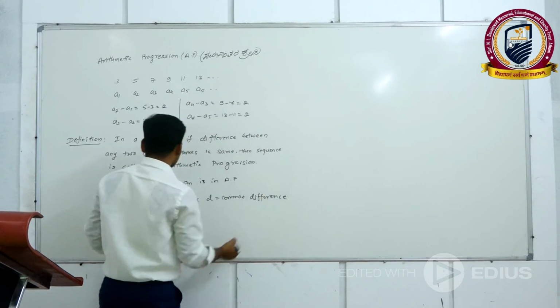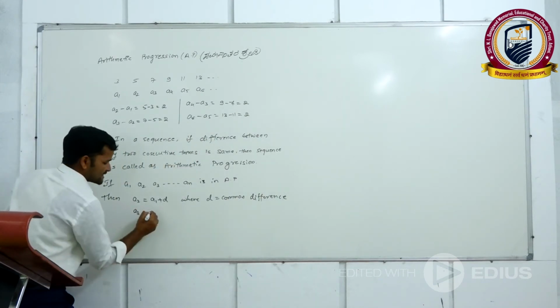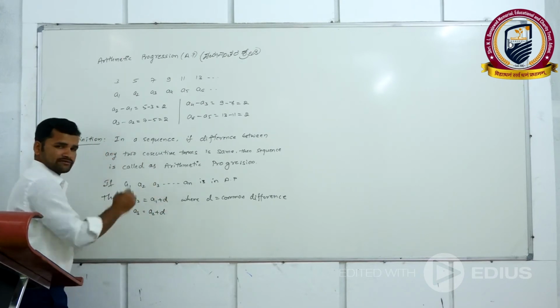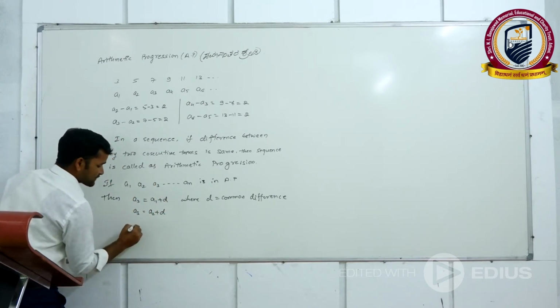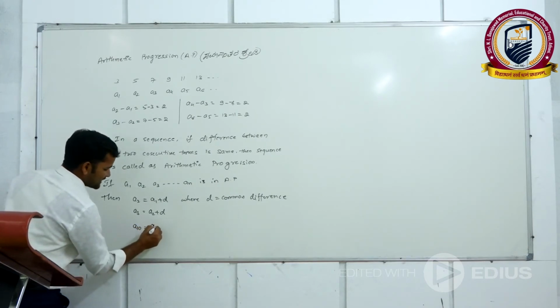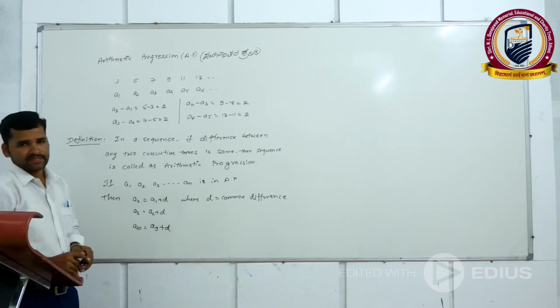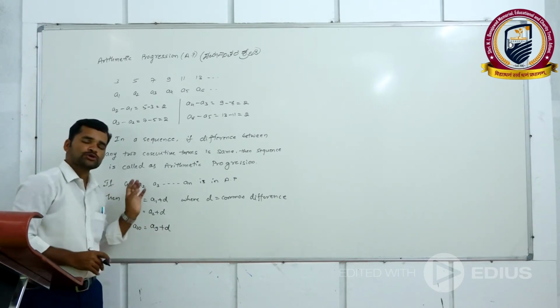And now the third term is equal to the second term plus the common difference. And the 10th term is nothing but the 9th term plus the common difference. This strategy will be followed throughout the sequence.